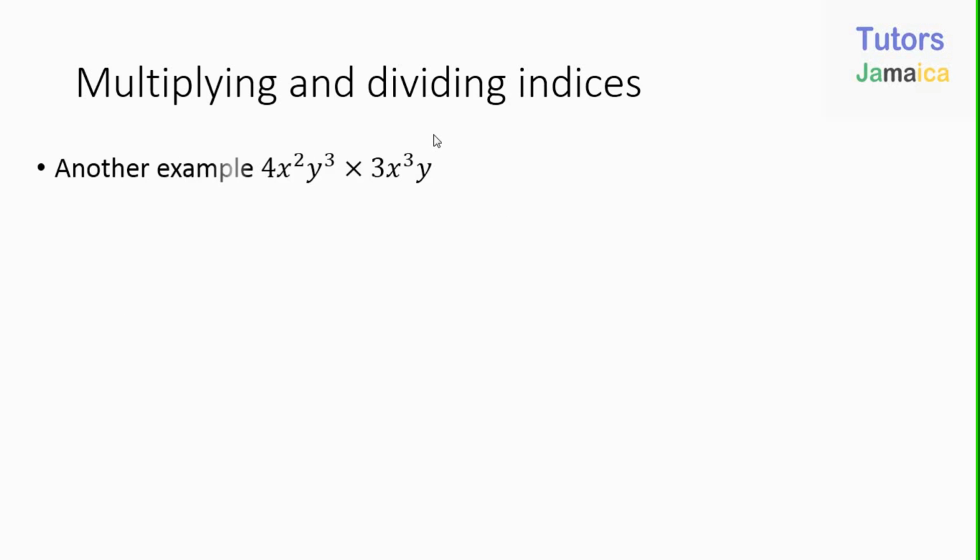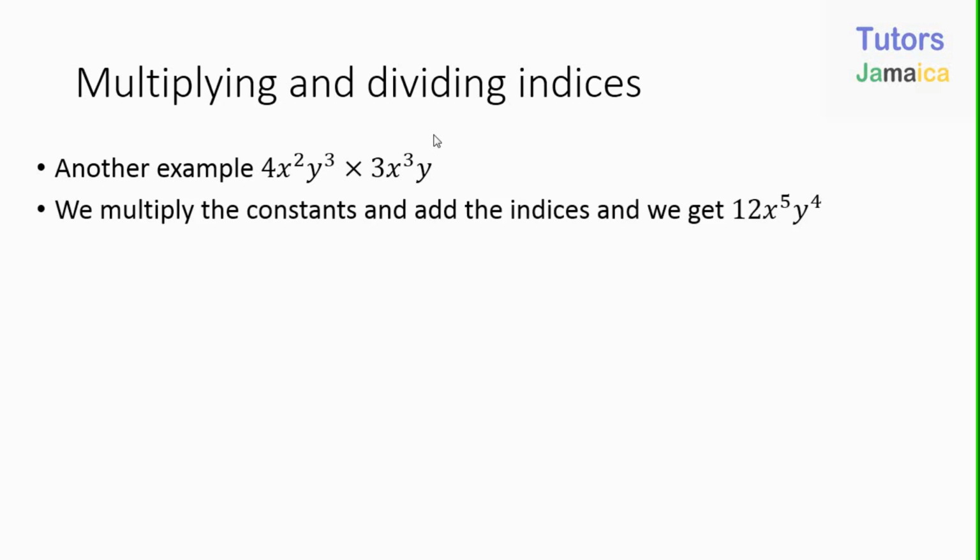Another thing about multiplying indices is another example. 4x squared y cubed times 3x cubed y. What do we do? We multiply the constants and we add the indices, and we get 12x to the 5th, y to the 4th.